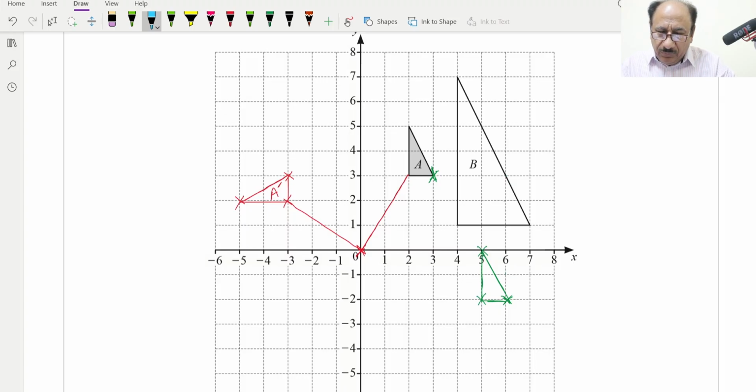We will join this vertex and this vertex with the help of a ruler or scale, and we can draw a line like this. Similarly the other vertex, this one and this one, we can also join, and this will be over here. Now remaining is the third one, and the third one also we will join with the help of the scale.